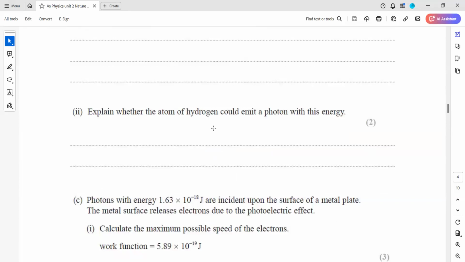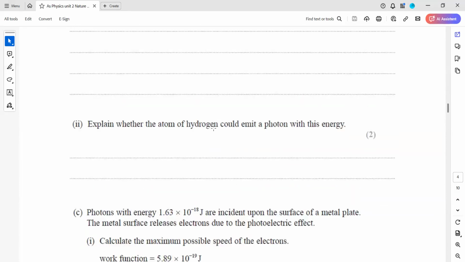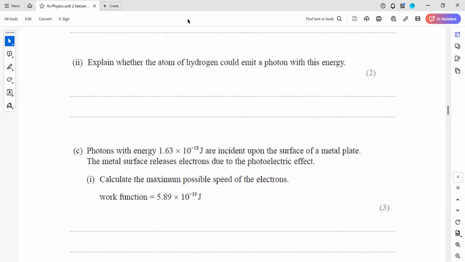So the minimum energy it can release is 10.2. So whether the atom of hydrogen could emit a photon with this energy, you will say no, because the minimum energy photon which it can emit can be 10.2 electron volts.